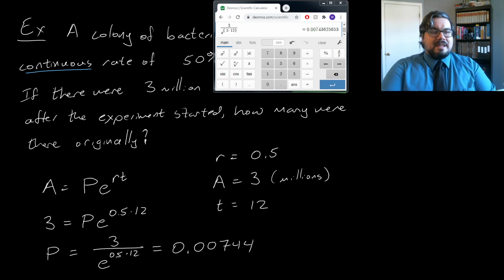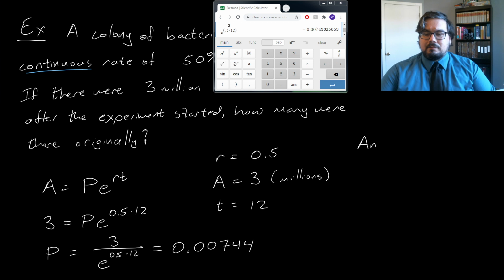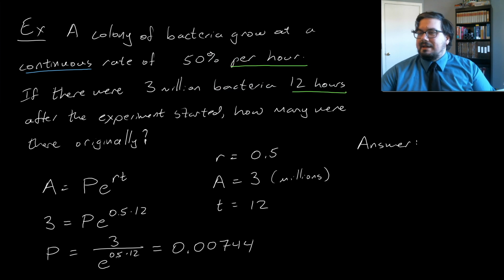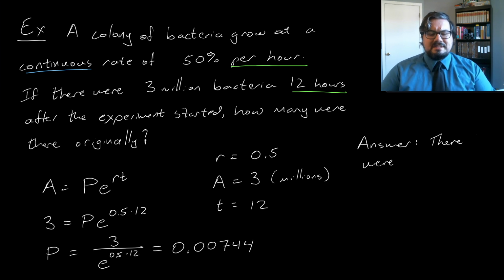Okay, so now in our answer, we should try to give an answer in the same sort of form that the question was asked. The question was asked in terms of millions of bacteria, so our answer should spell out there were now 0.00744 million, which is not really that useful.